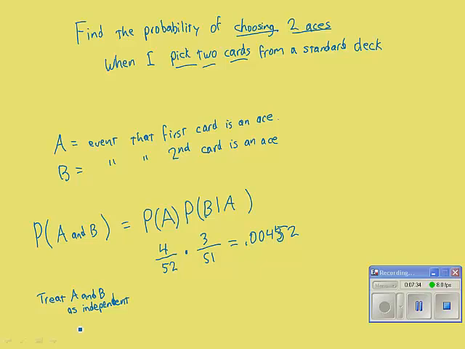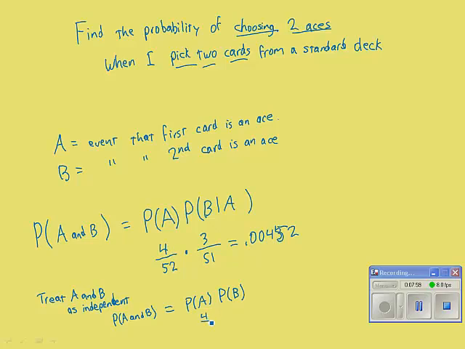Now, if you treat A and B as independent, then the formula would be P of A and B equals P of A times P of B, because P of B would be the same as this, right? Now, we know that's not quite true. But sometimes you know P of B, but you don't know P of B given A, and so this is easy to do.